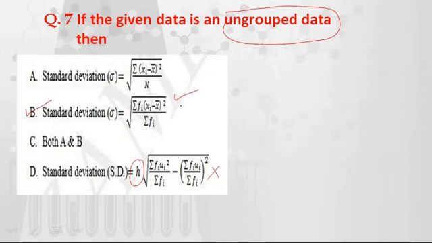The series in which all the observations are listed out, there is no frequency given for observation. So this option should not be the correct option, because it is the standard deviation for individual series data. So option B is the correct answer for question number 7. Let us proceed for the next question.